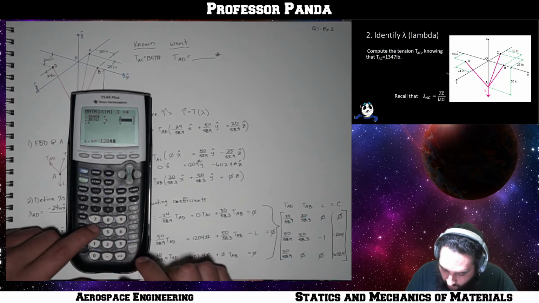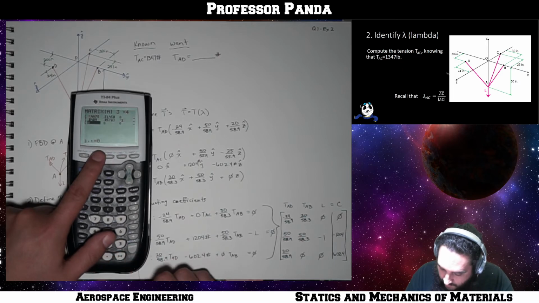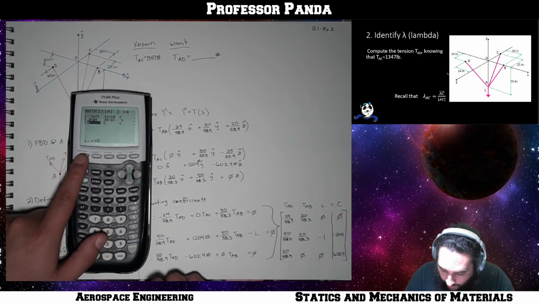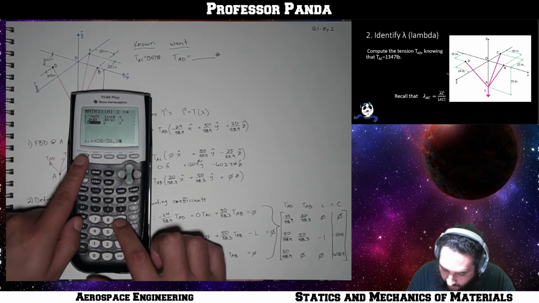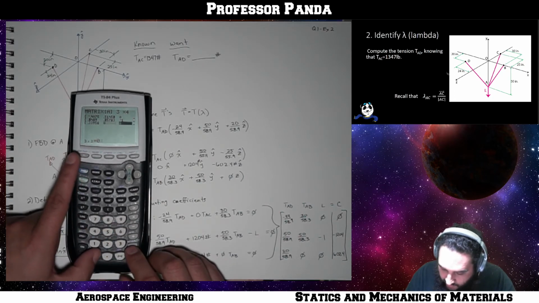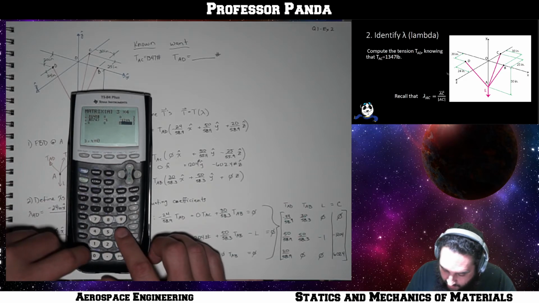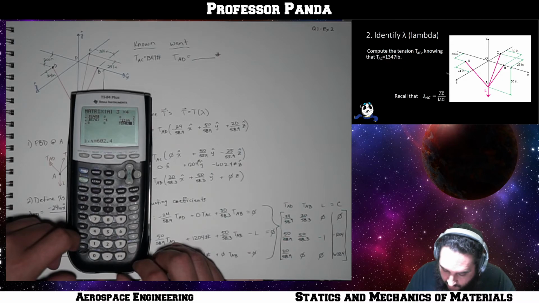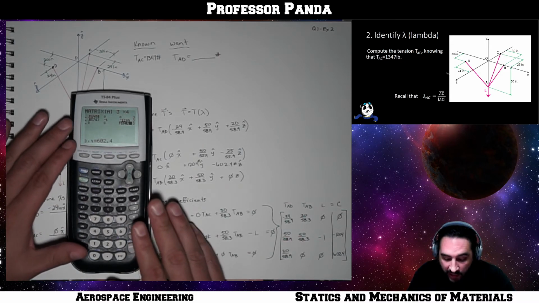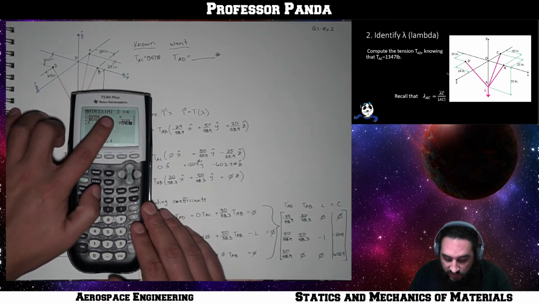Negative 1204. Okay. 20 divided by 58.9. 0, 0. 602.4. Okay, this now has my edited matrix that is called A.